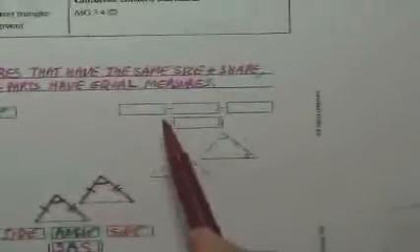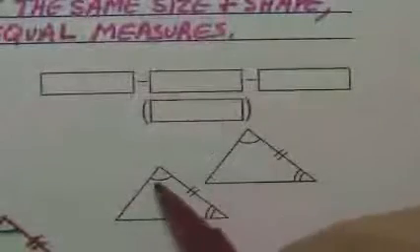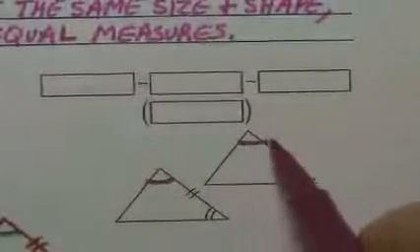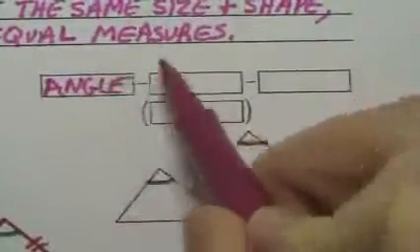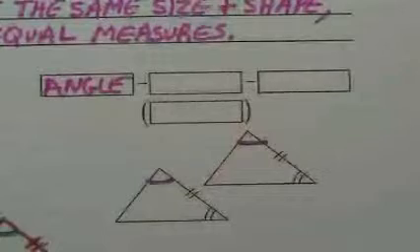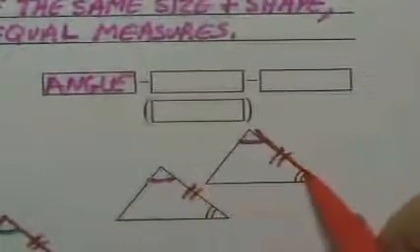Now let's go to the far right triangle. Now when I'm doing this, I'm going to look at it going clockwise. I first notice that they have an angle that is the same. Next, I notice that they have a side that is the same, this side right here.